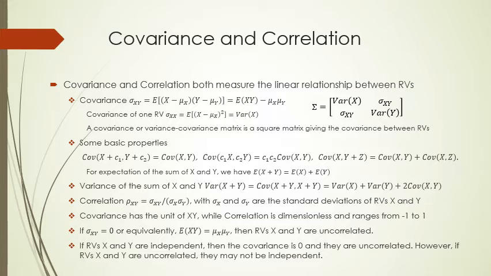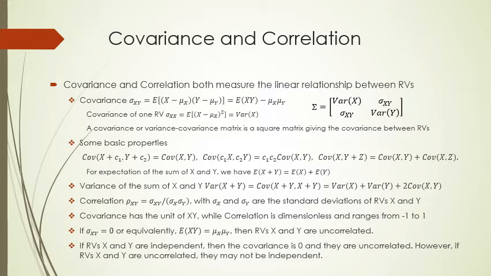When we have multiple random variables, it is convenient to use the matrix form in many cases. A covariance or variance-covariance matrix is a square matrix giving the covariance between the random variables.